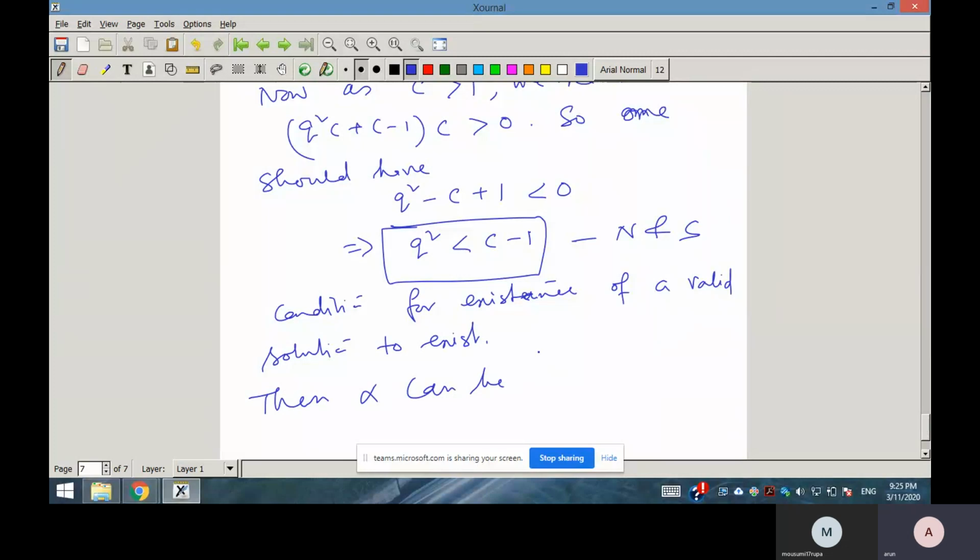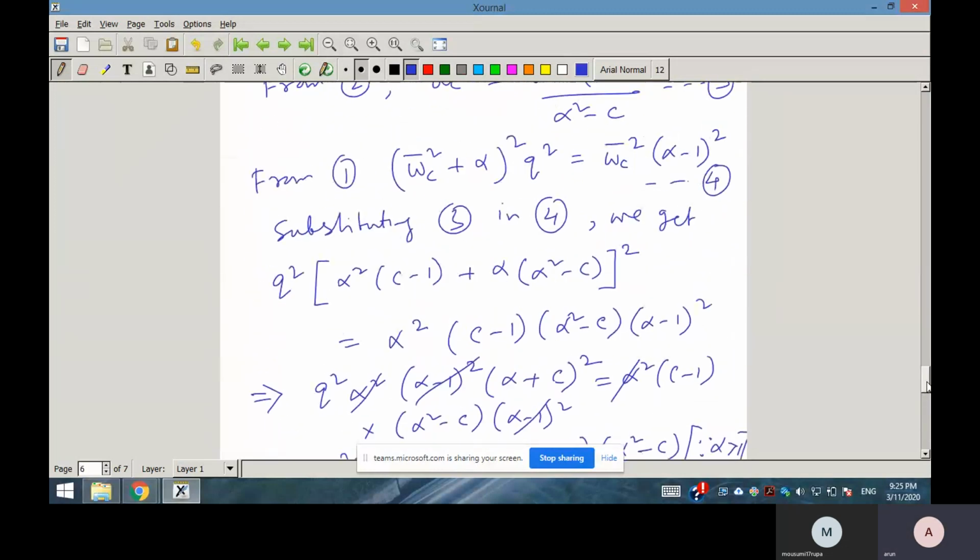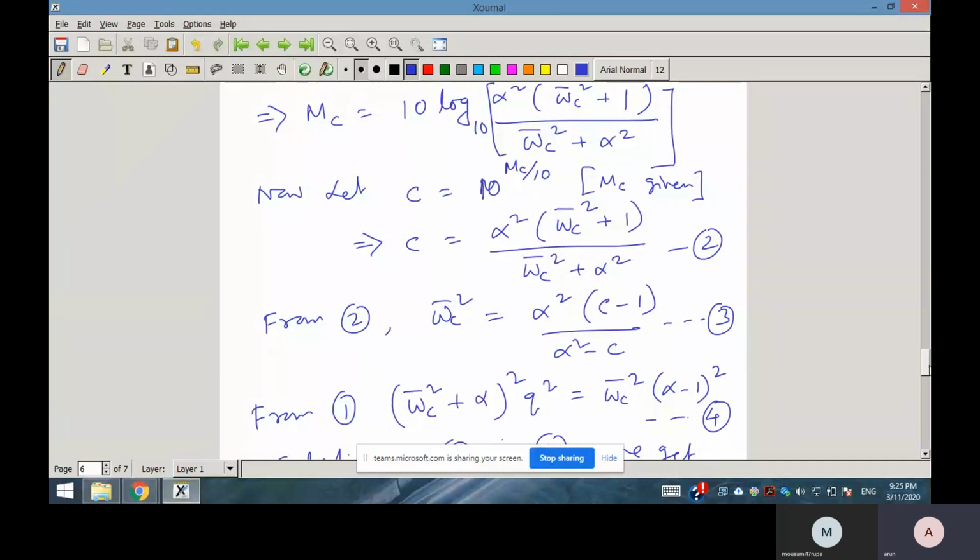Then A and alpha you have to find out. Once alpha is determined, then A can be determined from omega bar divided by A equal to omega C. So how can you get A?